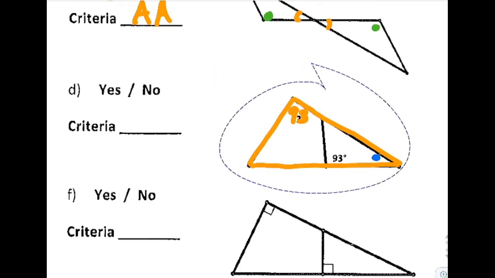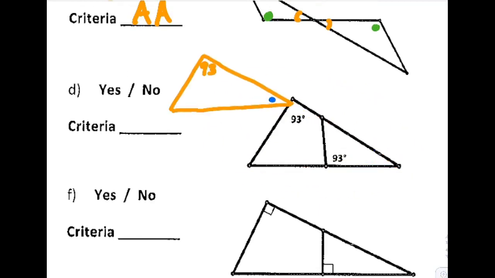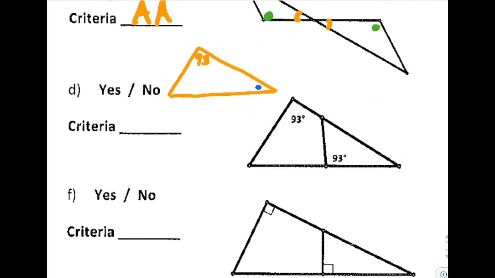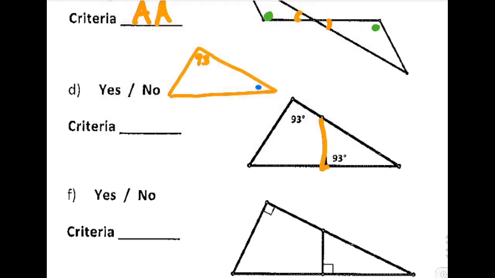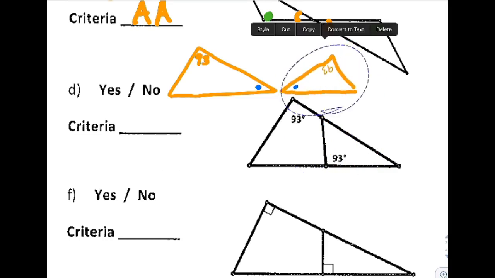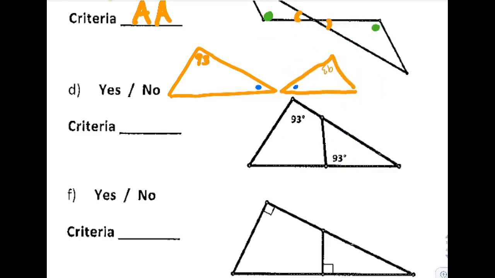And then we have this triangle with a 93 and that same angle right there. So if I take this and turn it around, it's just a dilation and a reflection. There are two angles that are the same, the shared one and the 93. So it is, yes, angle, angle.